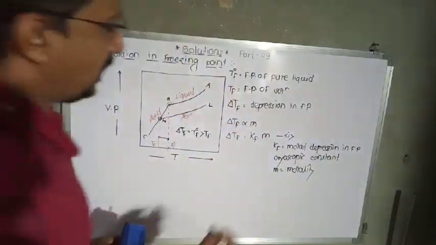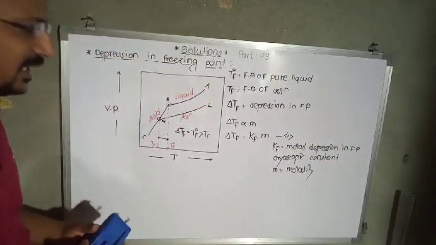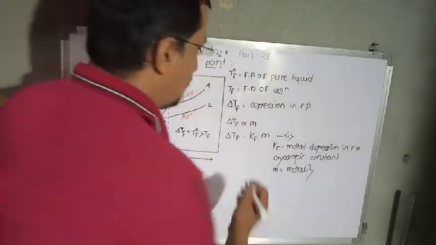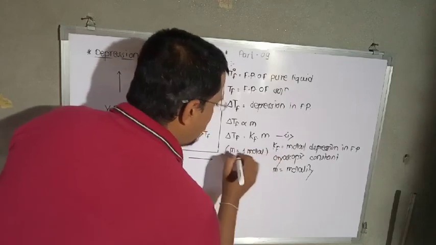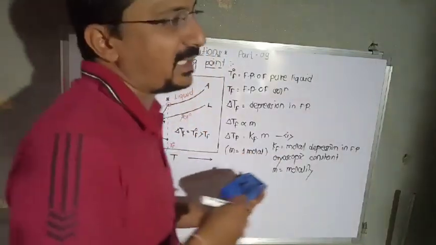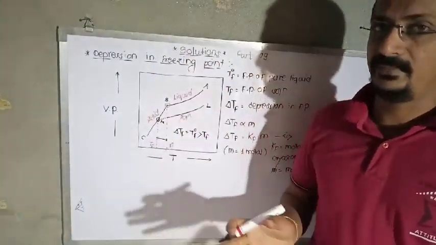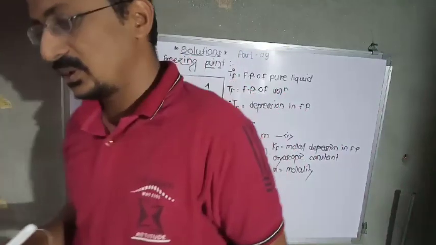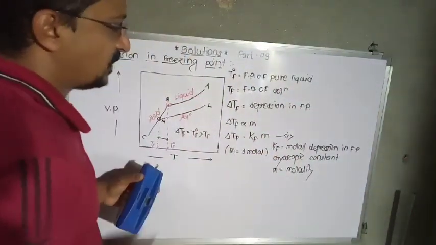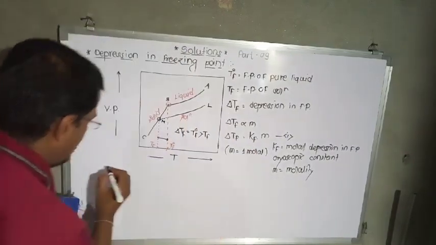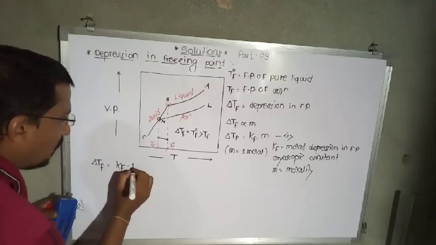Now here KF is the cryoscopic constant, and if you want to define it, I make a simple assumption: if I take small m equal to 1 molar, that is, the concentration of the solution prepared is 1 molar, then the value of small m will be 1. Then equation first becomes delta TF is equal to KF into 1.